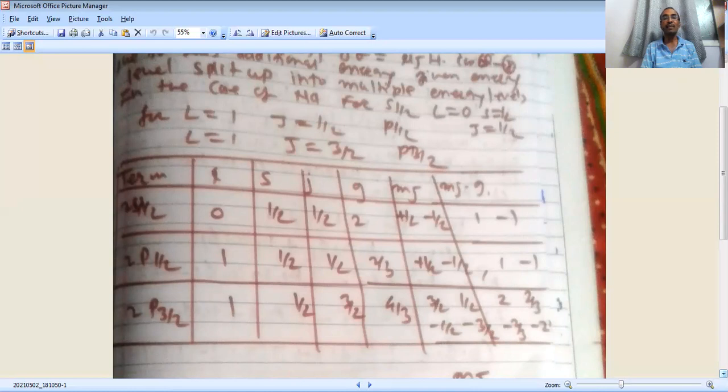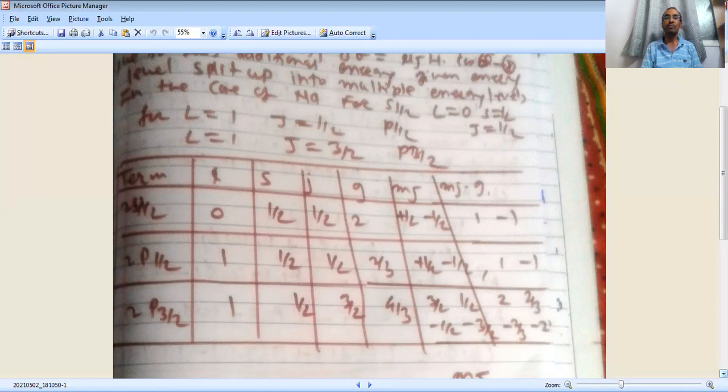Again the values of Mj are plus 1 half and minus 1 half. As usual, for a given value of J, Mj can have 2J plus 1 values excluding 0. The J value is equal to 1 half, therefore Mj can have 2 into 1 half plus 1, that is 2 values. What are those 2 values? Plus 1 half and minus 1 half.